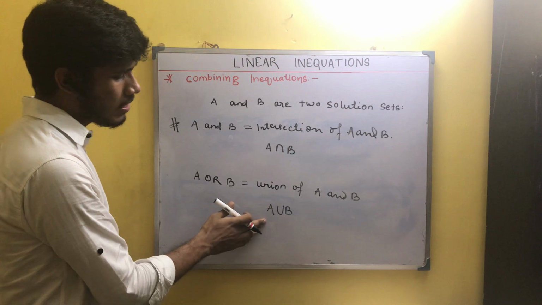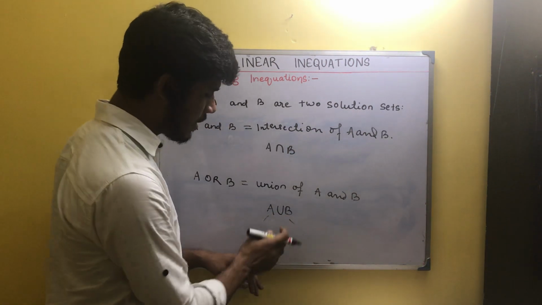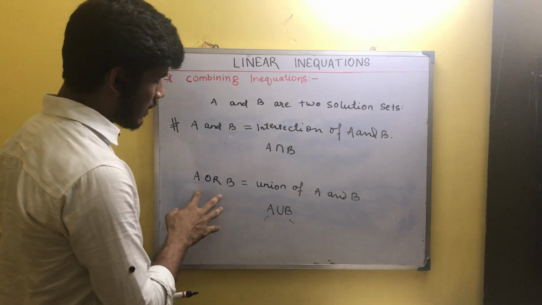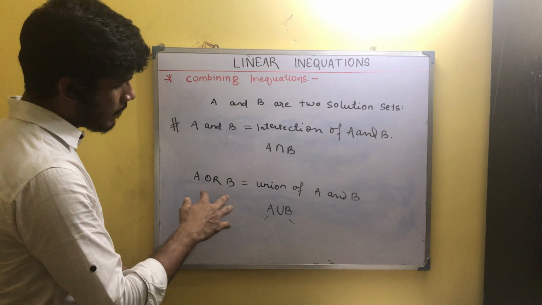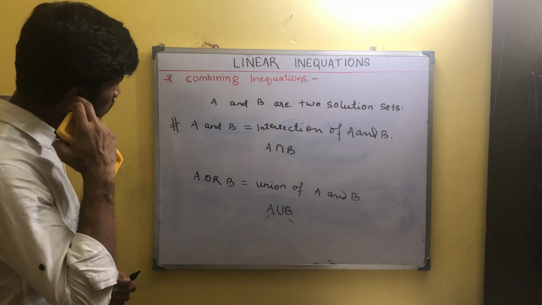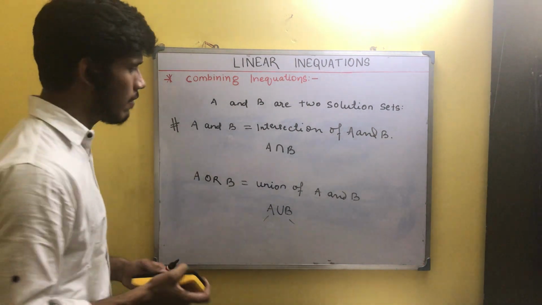Unlike this one, you need to include all the answers that belong to A and that belong to B. A and B both should be included in your answer, and then you will be representing the solution on the number line. So this is what is represented as A and B, and this one is A or B.